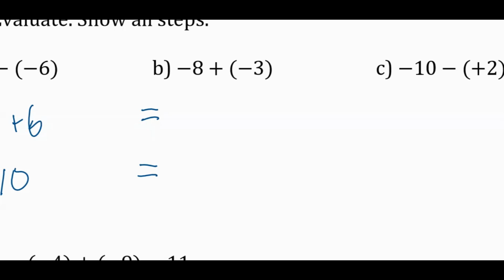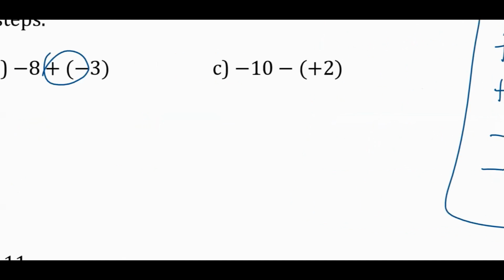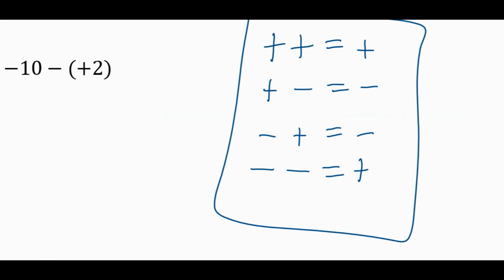So you said the plus and the minus changes to a minus. I'm going to stop you there. This is our rule, and this looks like, to me, it's using this one right here. A plus and a minus becomes a minus. Remember, we're only using this for when we have 2 signs side by side.